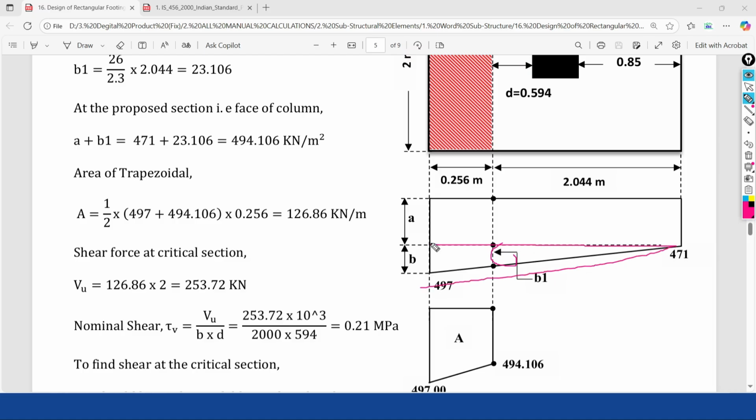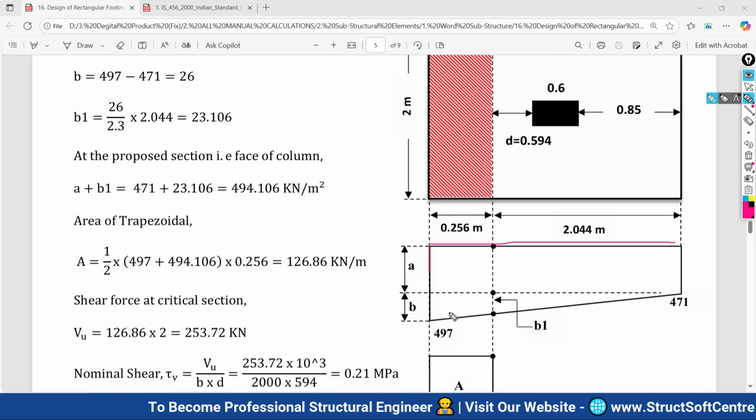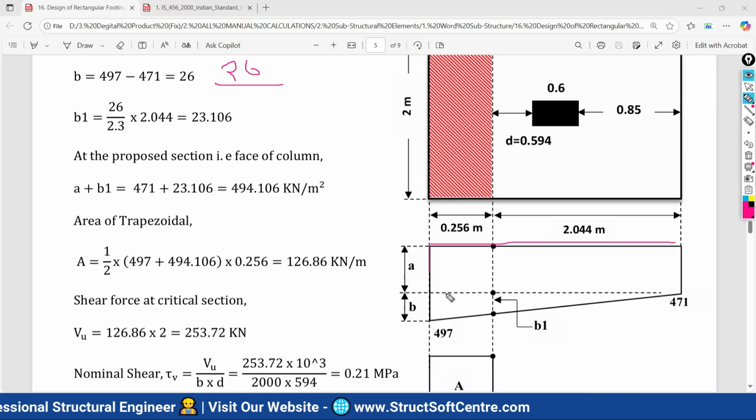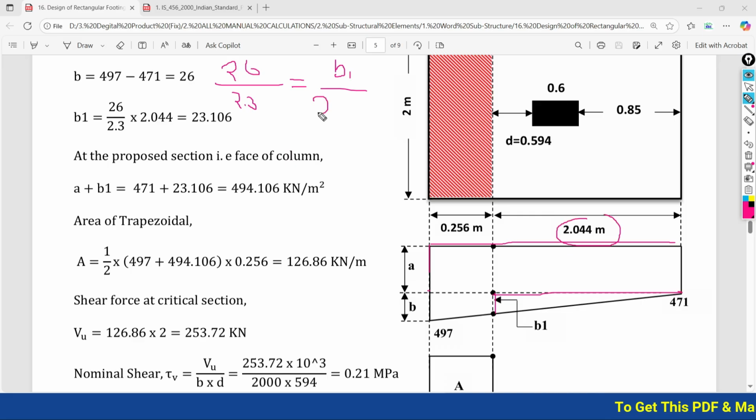This is our triangle, and in this triangle we have to consider the big triangle height and the big triangle base. So what is the big triangle height? 26. Let me show here, B, okay, 26 divided by the big triangle base, that is 2.3, is equal to the small triangle height, that is B1, divided by the small triangle base, that is 2.044.